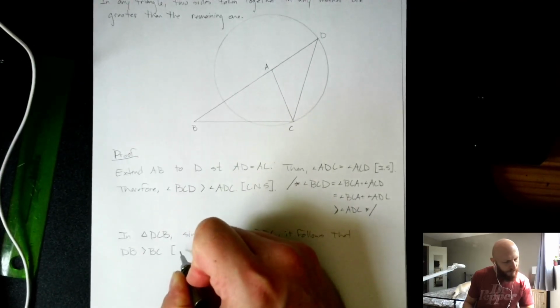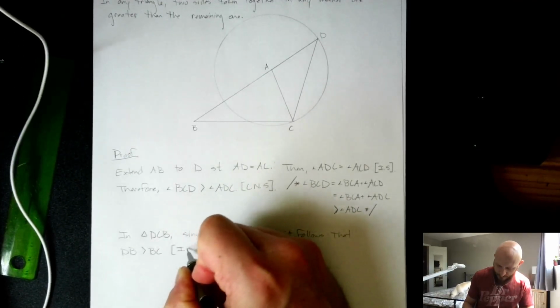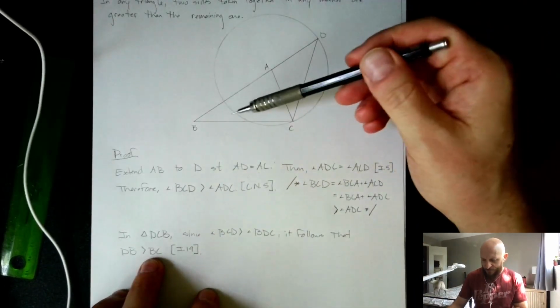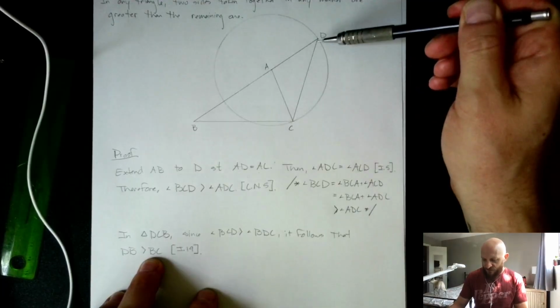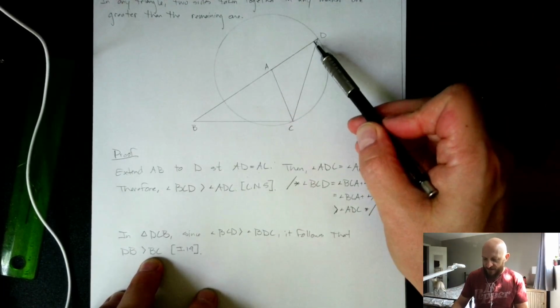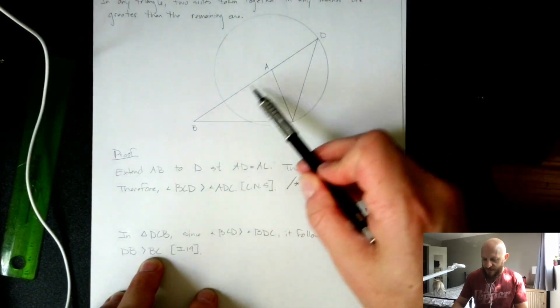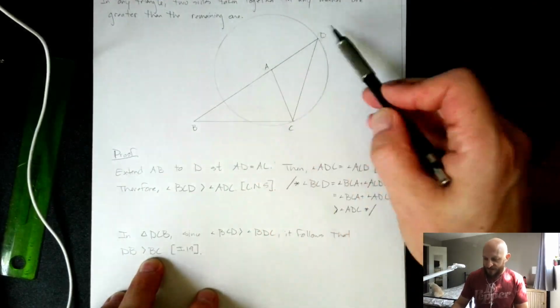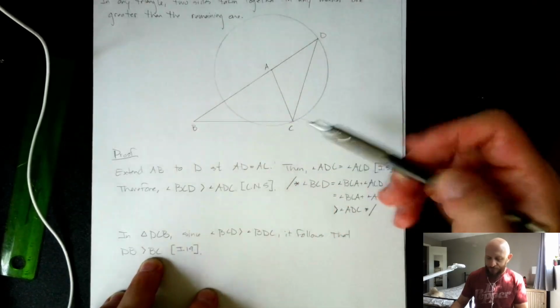That was from proposition 19. So looking at the diagram, since BCD is greater than BDC, the side opposite BCD, which is BD or DB, is greater than the side opposite BDC, which is BC.